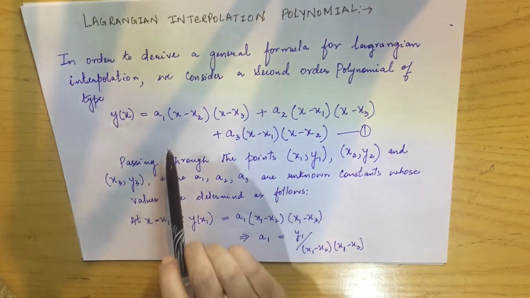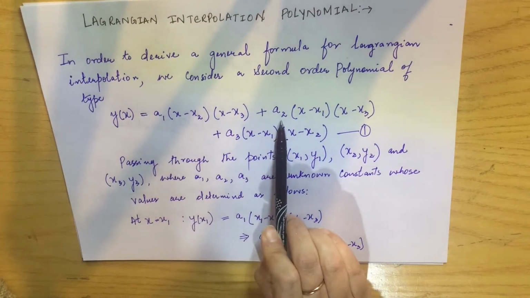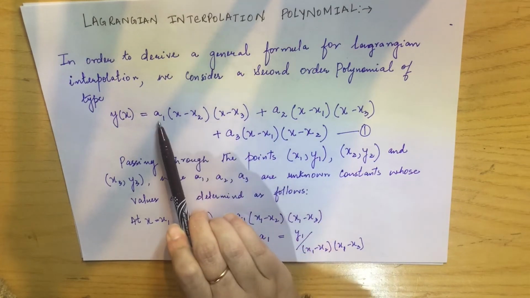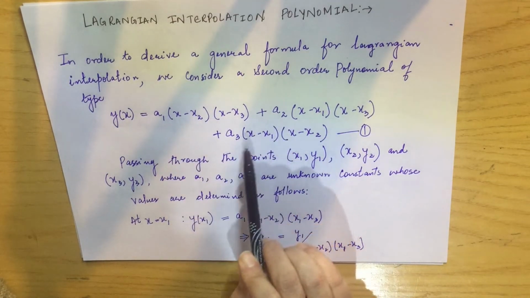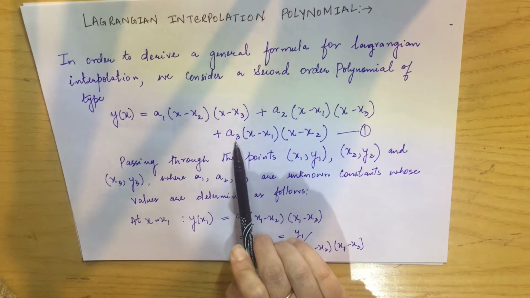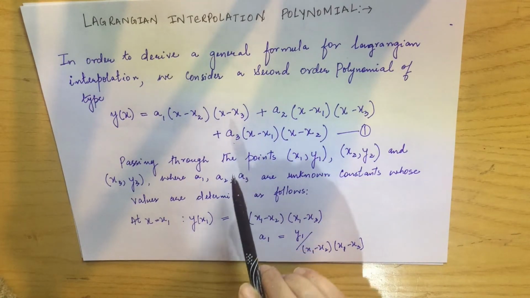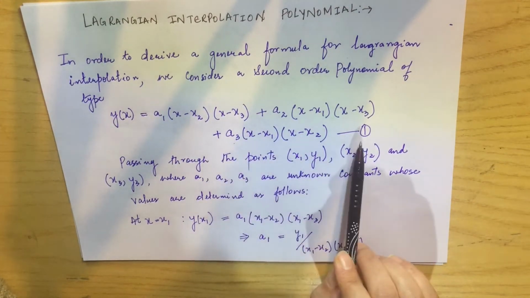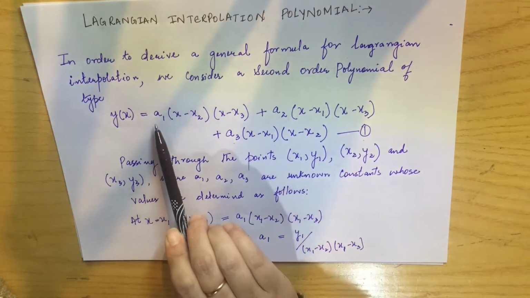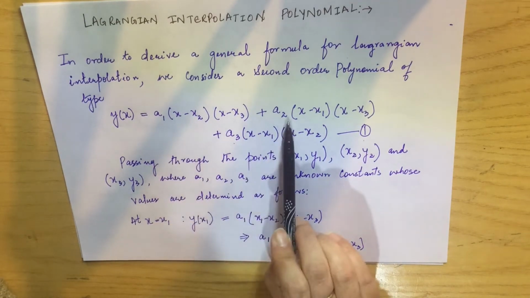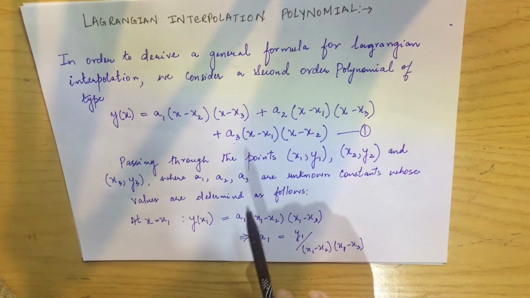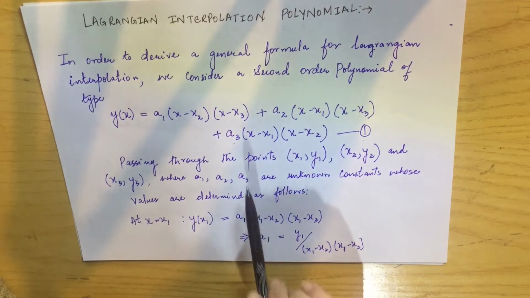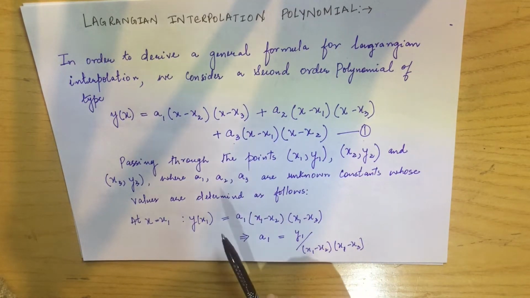So we first have to evaluate the values of a1, a2 and a3. Then we will put their values in the same equation. We will label this equation as equation number one, then evaluate the values of a1, a2 and a3, and then put the same values of a1, a2 and a3 in this equation and we will get the Lagrange's interpolation polynomial.